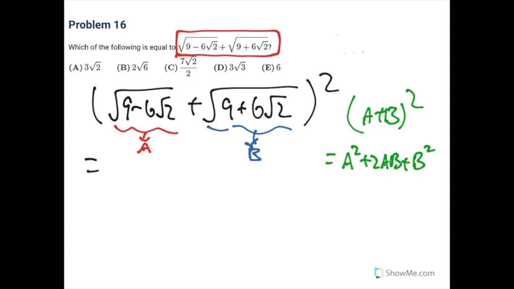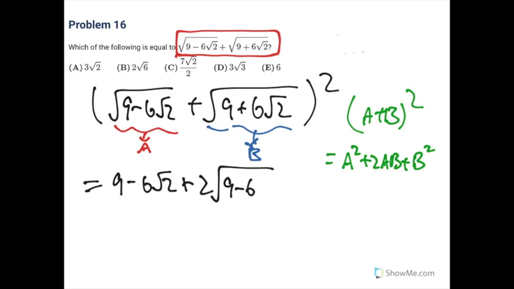Okay, so let's see what this giant mess would expand into. First we want a squared, so that will be 9 minus 6 root 2, because the square root and the square simply cancel each other out. Then we have 2 times the square root of 9 minus 6 root 2 times the square root of 9 plus 6 root 2.